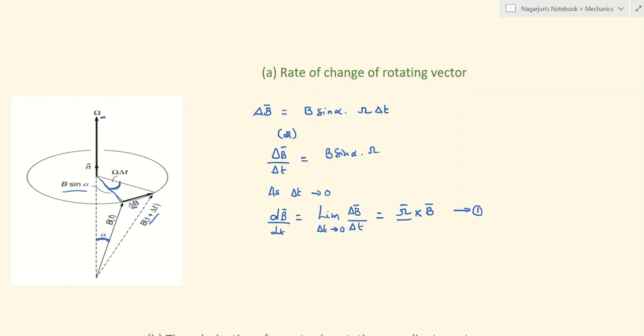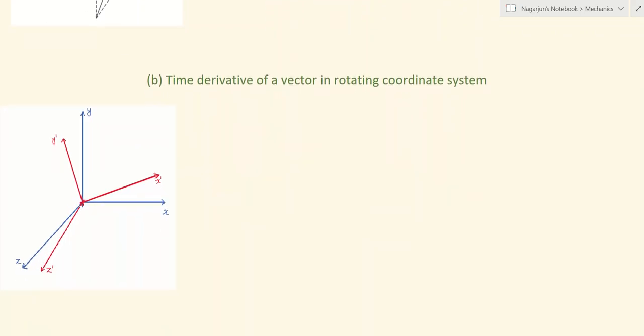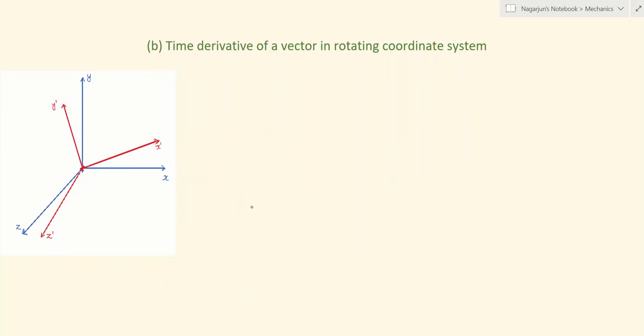In the second stage of this discussion, let us try to express the time derivative of the vector in the rotating coordinate system. Imagine there is a rest frame of reference x, y, z, which is an inertial frame of reference. Let us define a vector c bar with respect to this rest frame of reference.